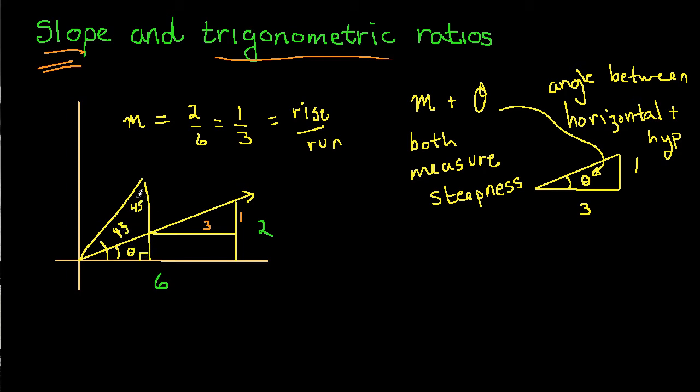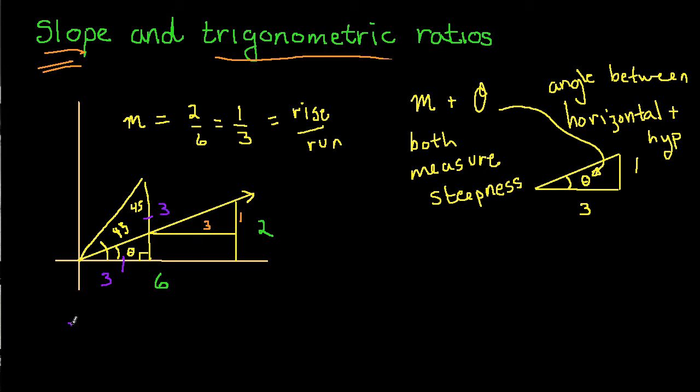If two angles are the same in a triangle, then this triangle gets a fancy name. It's called an isosceles triangle. This angle will have to be the same, or this side will have to be the same length as this side. So looking here, our run, say 3, is the same as our rise, say 3.